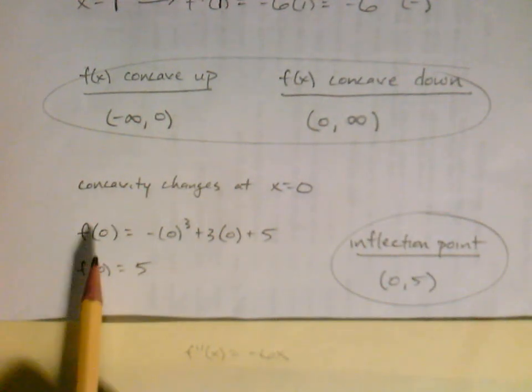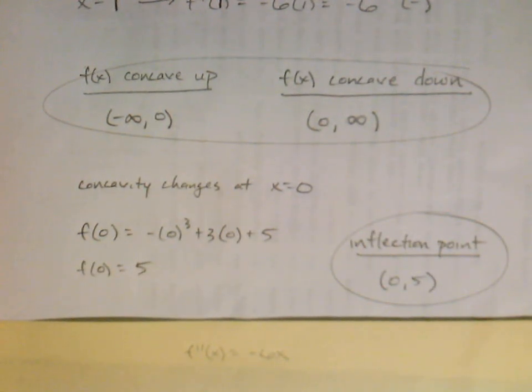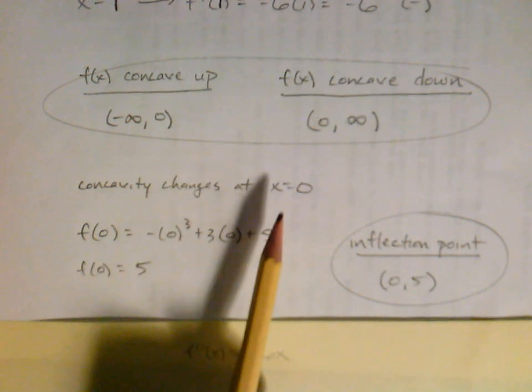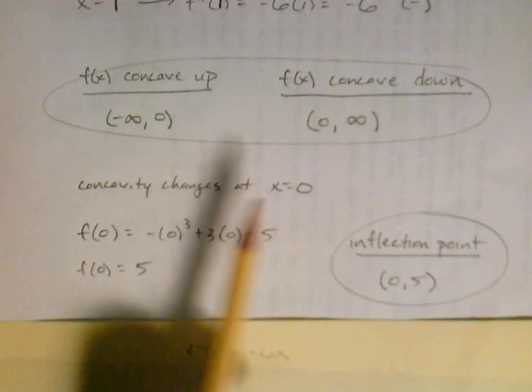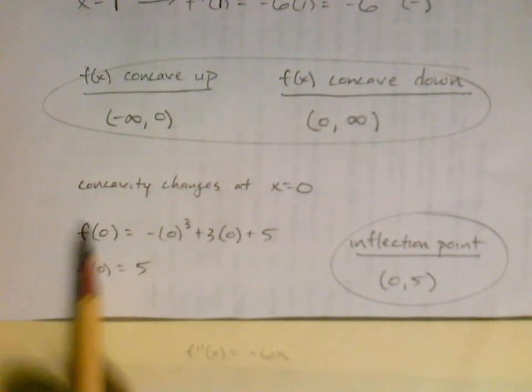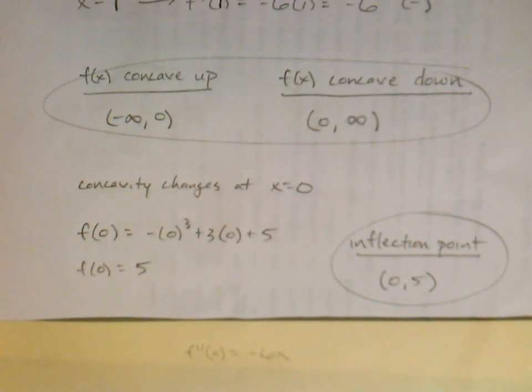So I need to find the y value. I want the full point, not just the x value. So I take the 0 and I plug it back into the original function f, which was negative x to the third plus 3x plus 5. So plugging 0 in, well, that's nice. f of 0 equals 5. So my inflection point is the point (0, 5). And that finishes the question.